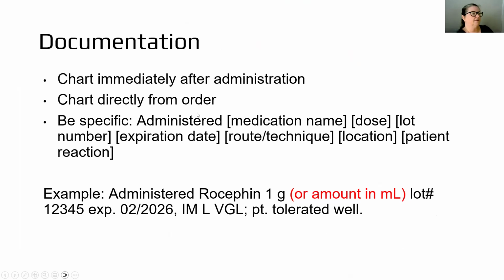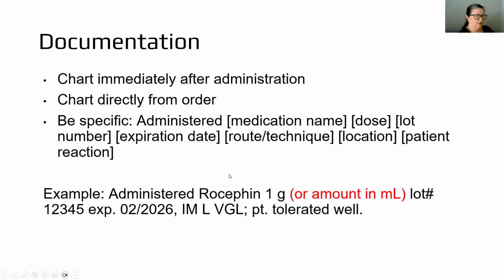I've got a kind of a template and an example here. Document that you administered whatever the name of the medication was, the dose, the lot number, which is on the vial, the expiration date, which is also on the vial, the route or technique, the location, and then the patient's reaction.